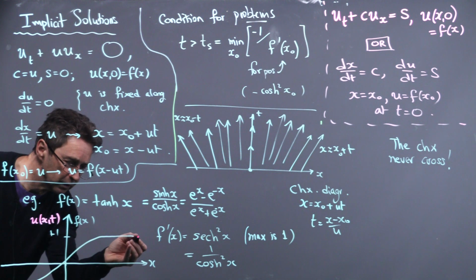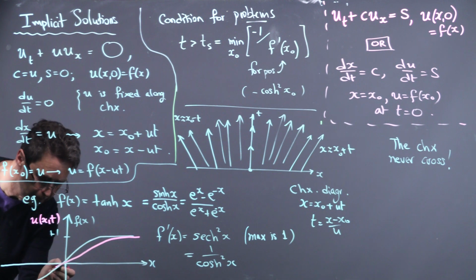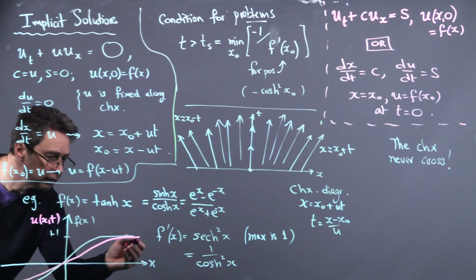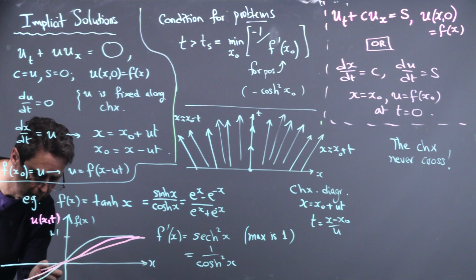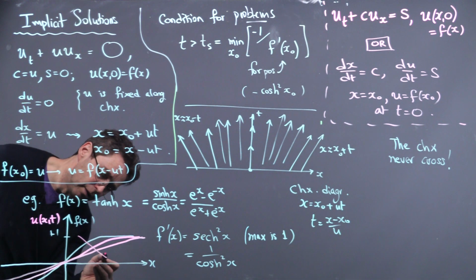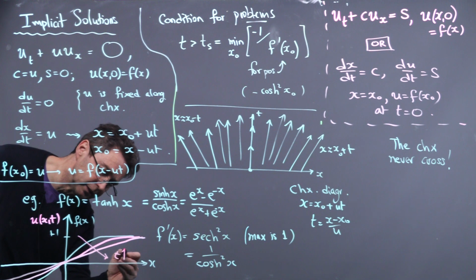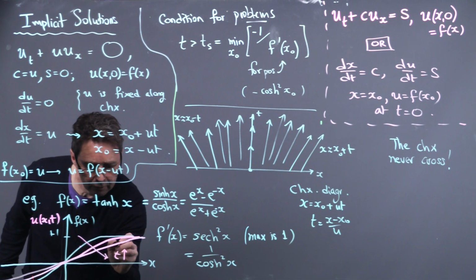If I draw this at a later time, it's just shallower. It looks something like this. And then if I keep on going, it gets yet shallower. So going this way corresponds to increasing t. And that's just thinking about what happens at sample points.